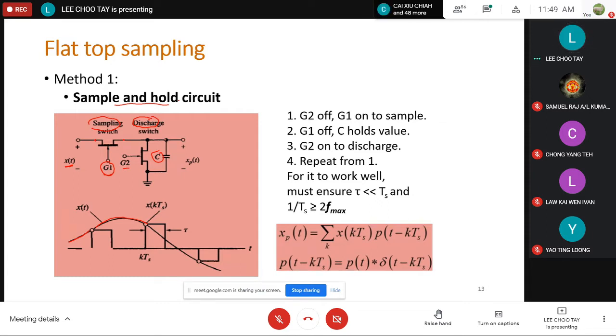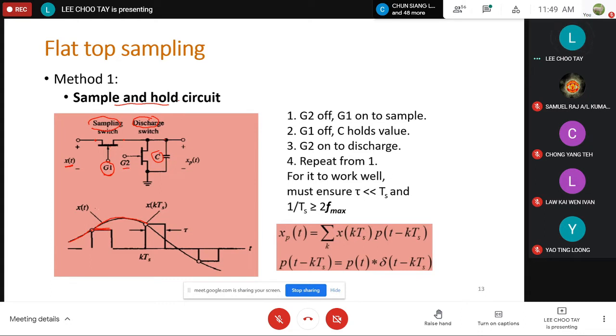Then we turn off G1 as soon as the capacitor is charged to the full voltage that represents the amplitude of our modulating signal. When we turn off this transistor, the capacitor will hold the charge and maintain the voltage.